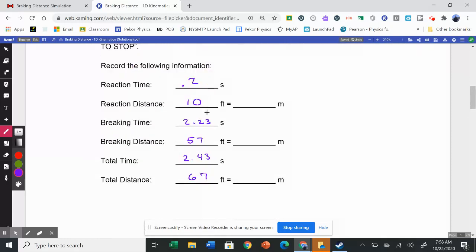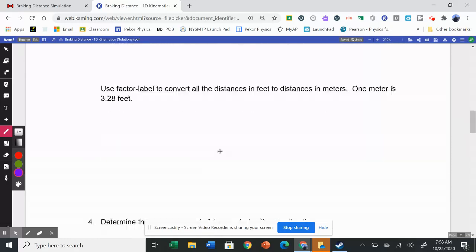We should also convert the feet to meters, so I'm going to do factor label three times right here. 10 feet, and the conversion factor is that 3.28 feet is equivalent to 1 meter. And so this comes out to be about 3 meters. 57 feet, using the same factor, gives me 17 meters.